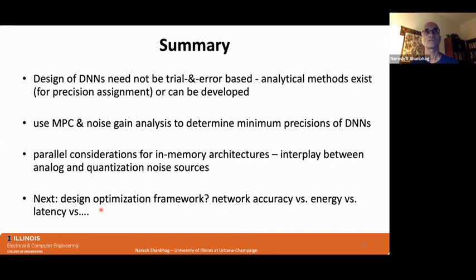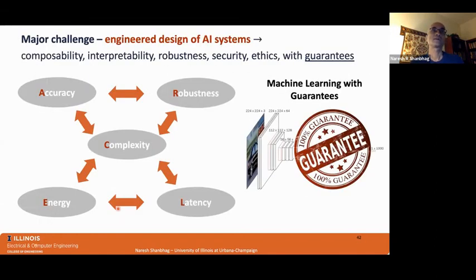Maybe sometimes I wonder if we should have a design optimization framework in which network accuracy, energy, and latency are all traded off systematically with each other. It's feasible. And finally, this is just me looking at the world around us and saying, why can't we build AI systems like we build engineered systems, where you have a system requirement, and from the system requirements, you get component level metrics.